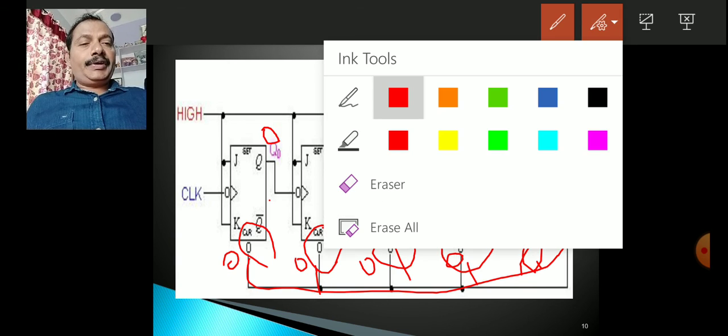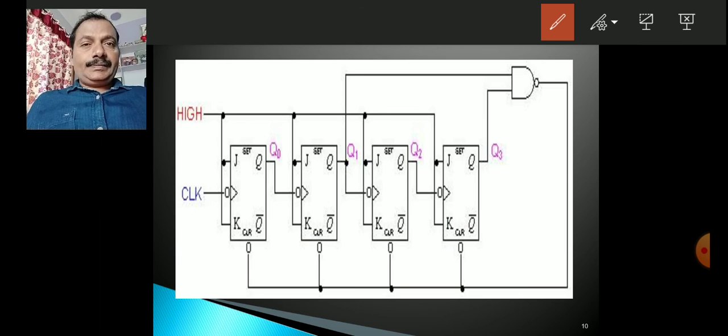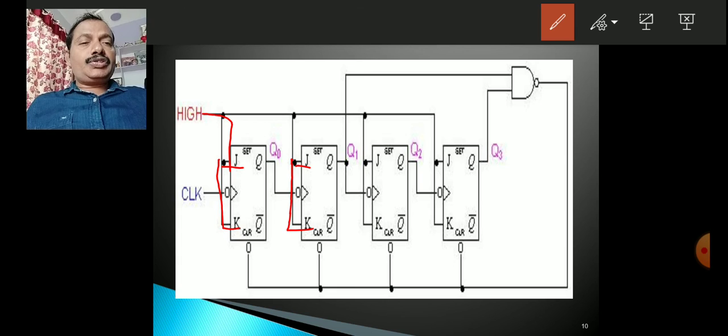Next, because JK flip-flops are taken, all the JK inputs are shorted and tied to high. For each flip-flop, the JK inputs are tied to logic 1. That means we are configuring it in toggle mode, only then will it count. This is another connection you have to remember. And because it is an asynchronous counter, only the first flip-flop takes the main clock.